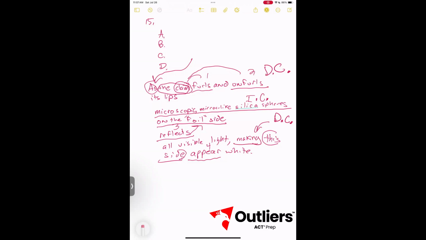And it's asking us where we need punctuation. The good news is all of the answers have a comma between microscopic and mirror-like. They do that because they're not trying to test if you need a comma between these 2 adjectives or not.